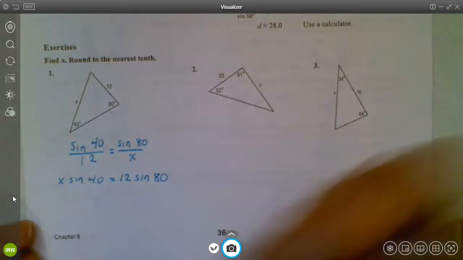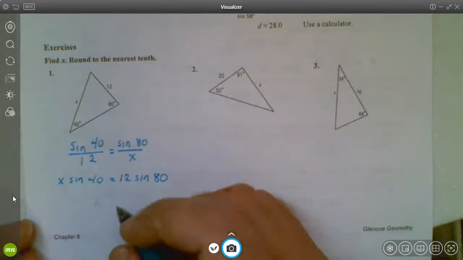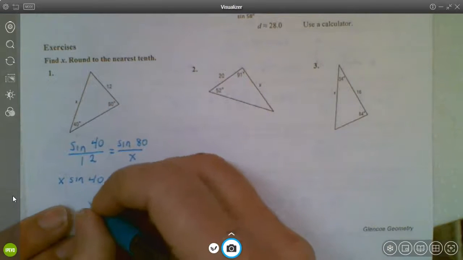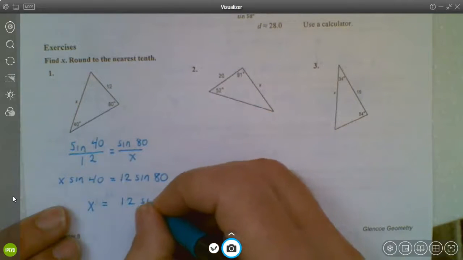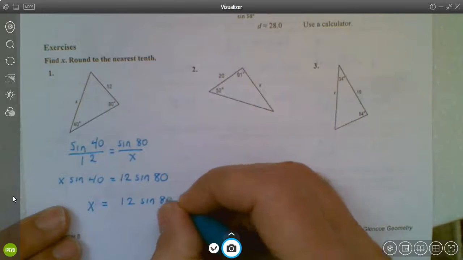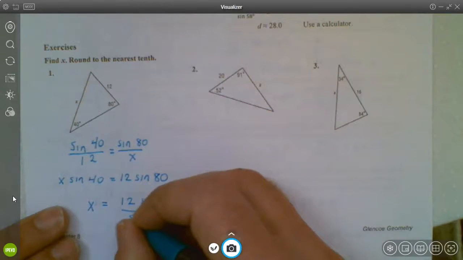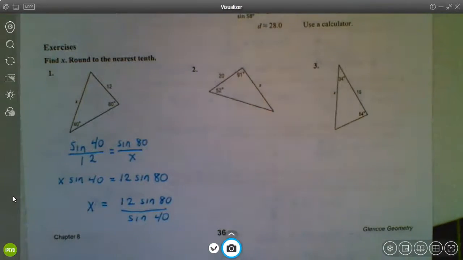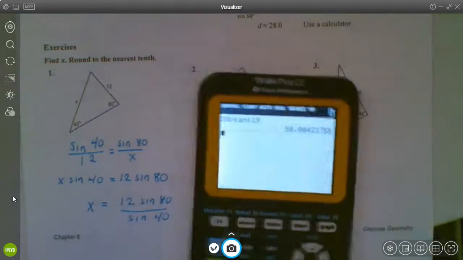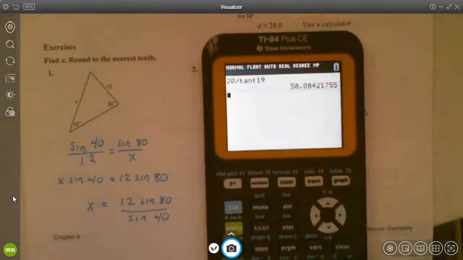You could do this in steps, but this is the approach that I like to take. So I'm going to divide that sine 40 over to the other side, so that I can really get the full view of what all is going to go into my calculator exactly the way that I want to put that in.